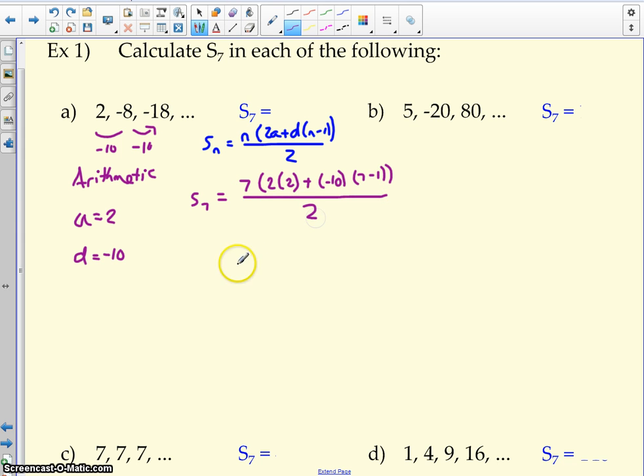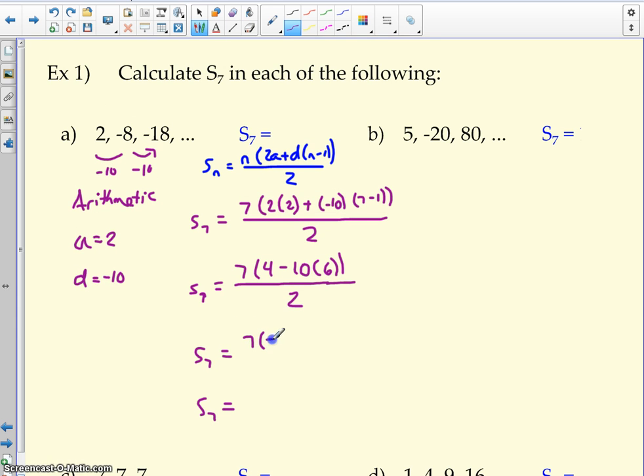The big thing to watch out for here is just make sure you're following order of operations. It's very easy to make a little algebra mistake here. So here I have 4 minus 10 times 6 all over 2. So we're showing up with -196 for being the sum of the first 7 terms.